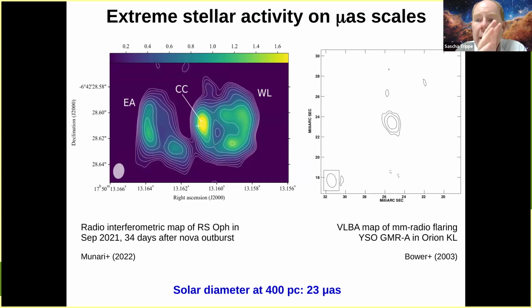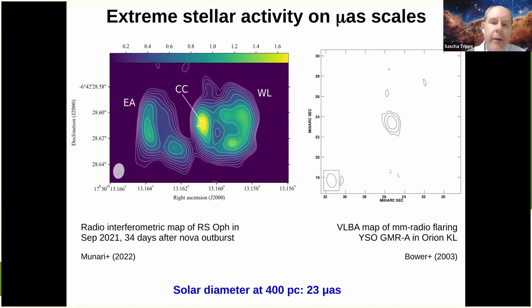As I mentioned before, VLBI is usually not able to observe thermal radiation or black body radiation from a target, which means stars or stellar sources are usually out of the question, unless you have stellar activity which emits highly non-thermal radiation.